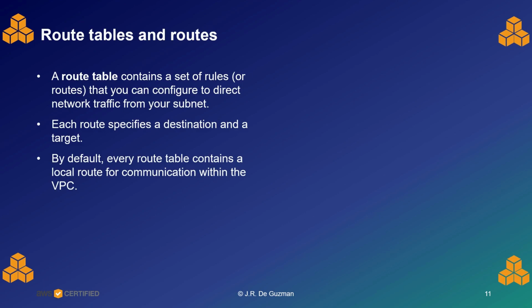By default, every route table that you create contains a local route for communications in the VPC. You can customize your route tables by adding routes. You cannot delete the local route entry that is used for internal communications. Each subnet in your VPC must be associated with a route table. So take note of that.